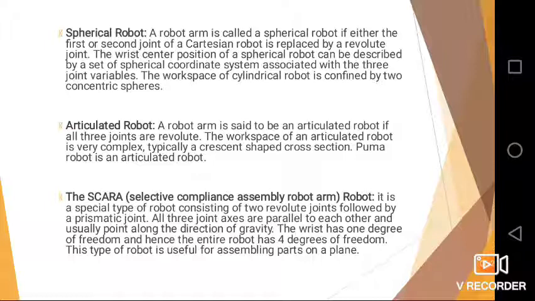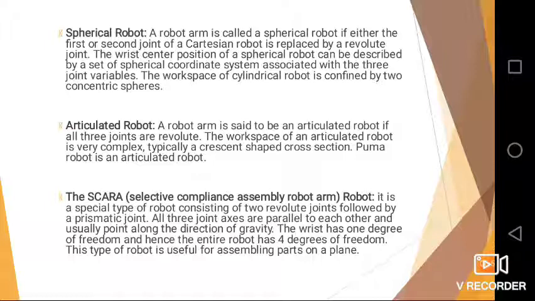Articulated robot. A robot arm is said to be an articulated robot if all three joints are revolute. The workspace of an articulated robot is very complex, typically a crescent shaped cross section. PUMA robot is an articulated robot.